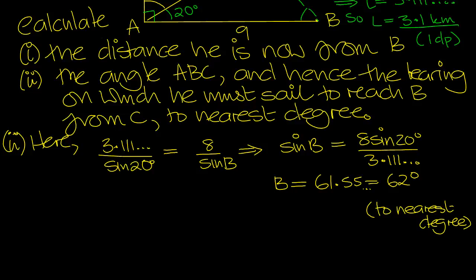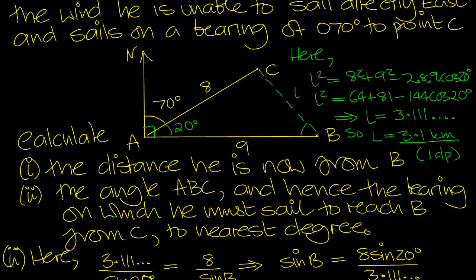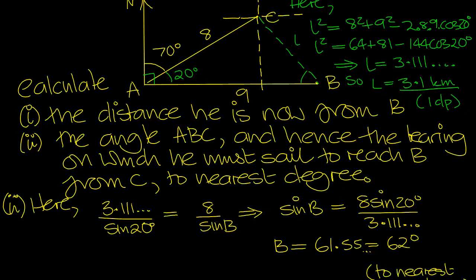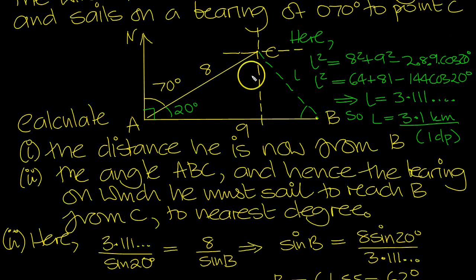Now it said the bearing from C, didn't it? So let's draw in the compass crosshairs, so to speak, at C. There's the north-south. There's the east-west. We know what B is. It was 62 degrees.